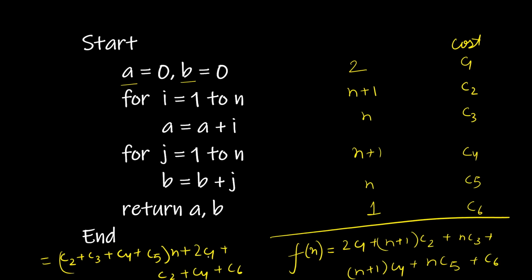To find the time complexity of this function, we will ignore all the lower degree terms as well as the coefficient of the highest degree term. So the time complexity of this function is of order n.